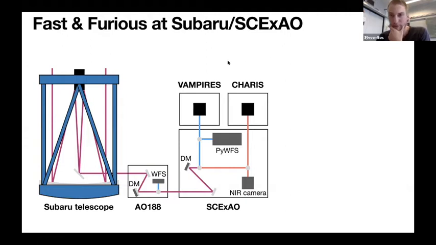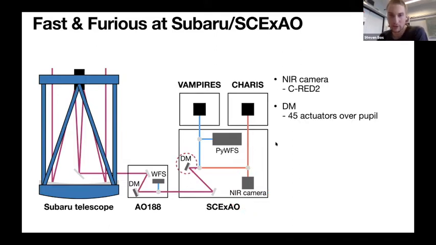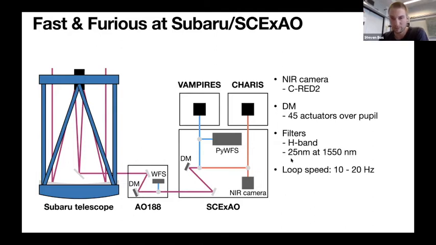What is relevant for Fast and Furious is the internal near infrared camera, which is a Zebra 2. That's the camera that we use for Fast and Furious. The DM has 45 actuators over the pupil, so we use the SCExAO DM to control the wavefront. And we generally use either the full H-band filter, or the narrowband filter at 1550 nanometers.